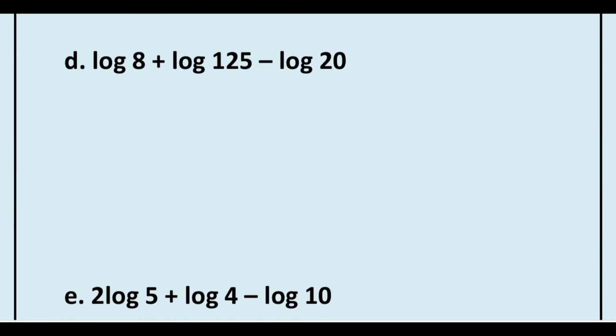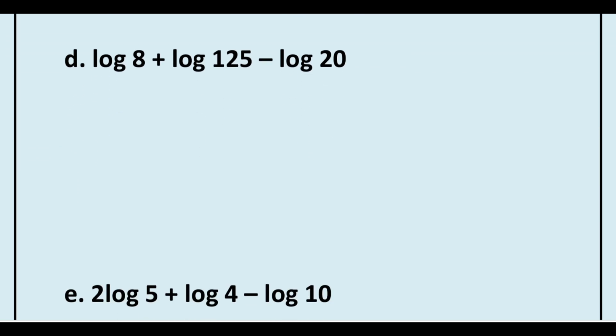Part D, log 8 plus log 125 minus log 20. So in this case, we are going to simplify. We shall have log 8 plus log 125 means times 125, and then minus log 20 means divide by 20.